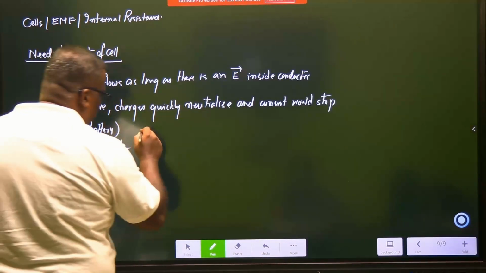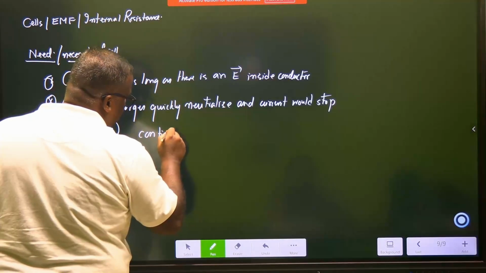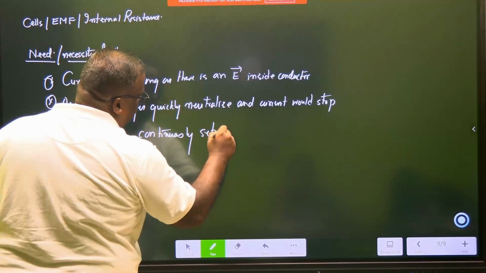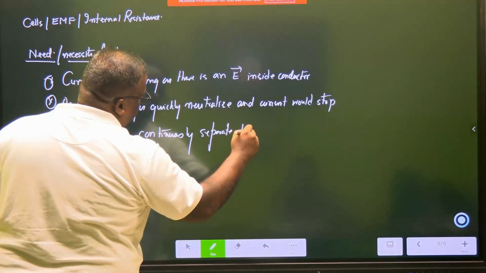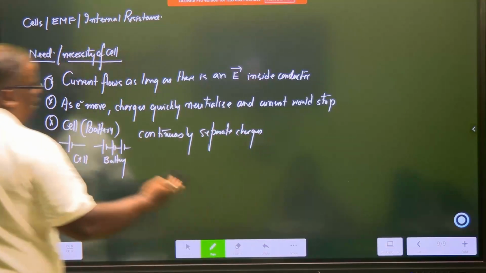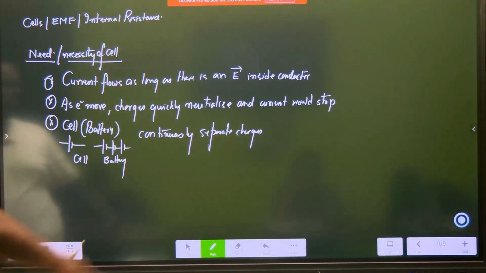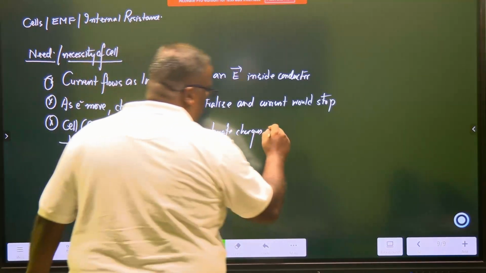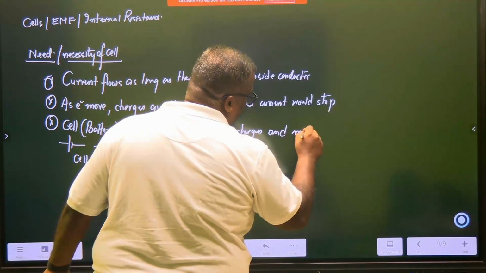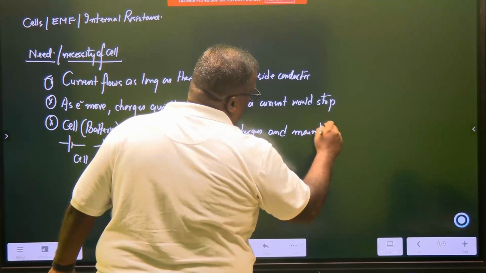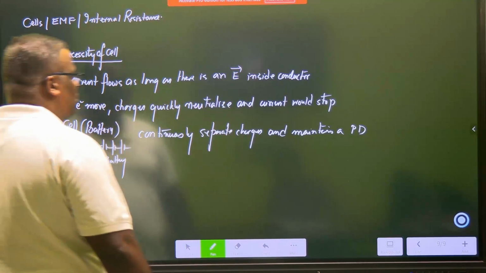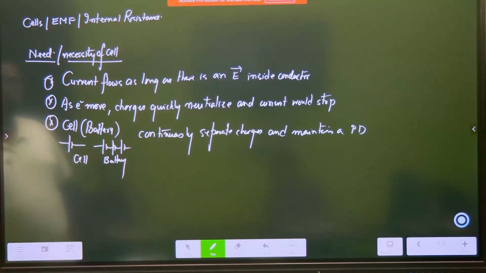So this fellow will continuously give a kick and continuously separate the charges. How does it separate charge? By creating something more interesting out there, to which the charge gets attracted, and thus maintains a PD, potential difference. So that's why you need the cell.